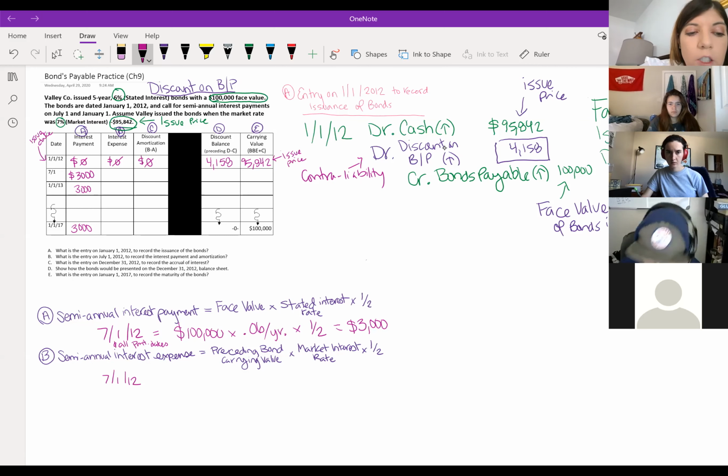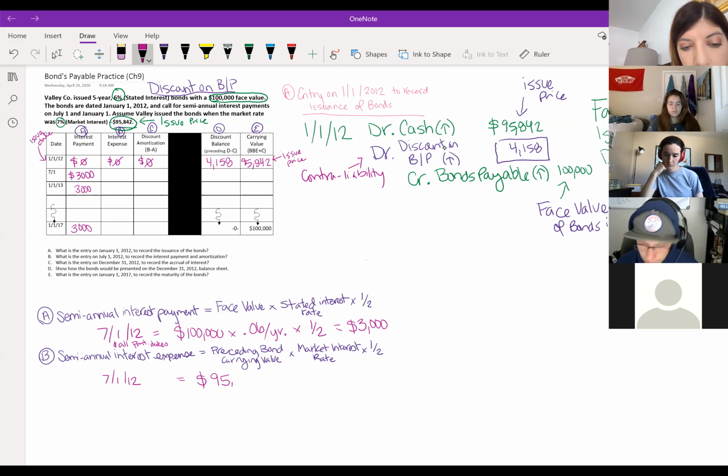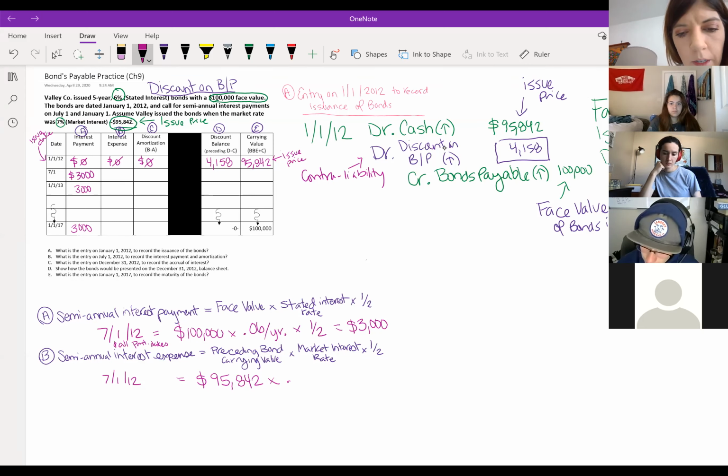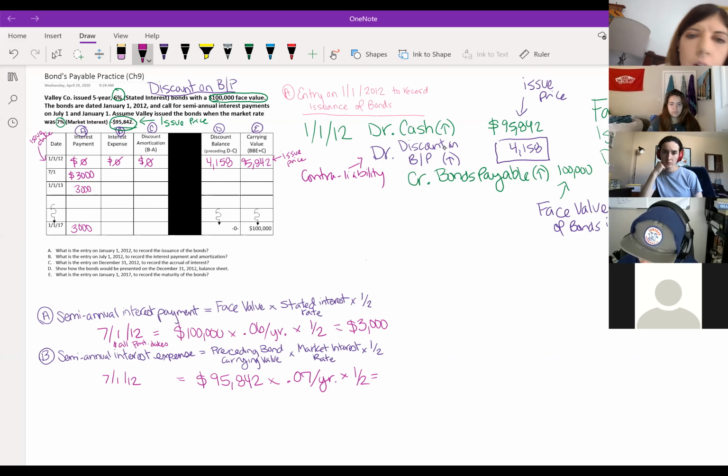So for July 1st, the preceding bond carrying value is equal to the issue price, 95,842. The market interest rate on the date of issuance was 7%. So 7% per year. And then we're going to multiply it times 1/2 again because it's a semi-annual interest payment.